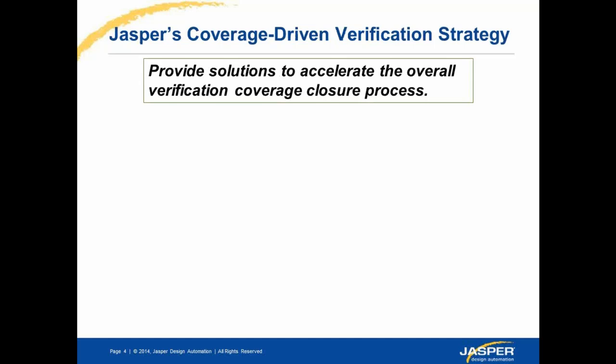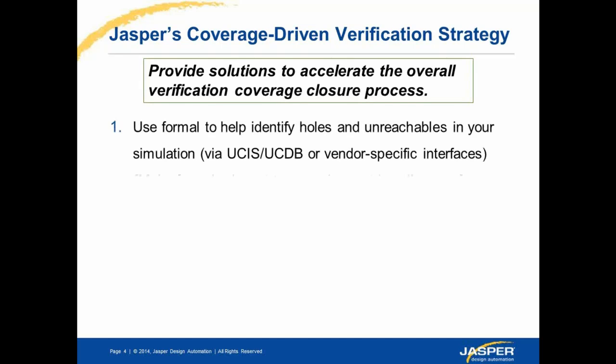So Jasper's coverage-driven strategy is basically two-pronged. The first one, most of you are familiar with. It's the simulation coverage closure flow, where you can take your simulation coverage database, read it in, and identify all the unreachables and help you in closure when it comes to simulation coverage metrics.